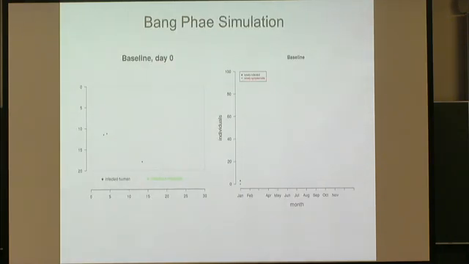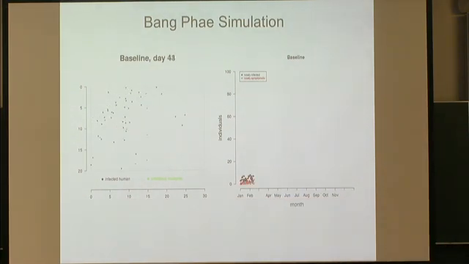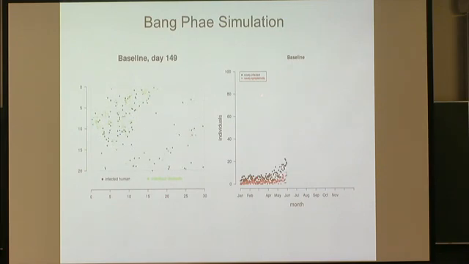So I'm going to show you a simulation now, a realization of just one baseline outbreak in Ratchaburi. The black shows you the infected humans, and over here in green are the infected mosquitoes in the population. You can watch them on the geographic space. And then here's the epidemic curve.